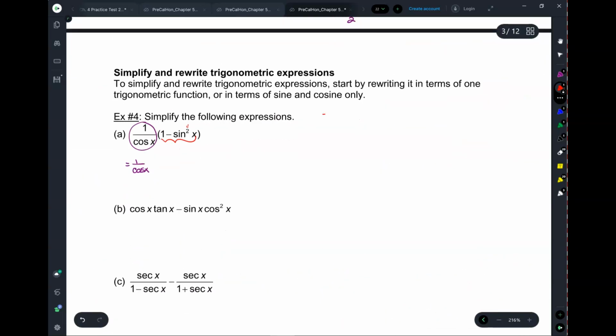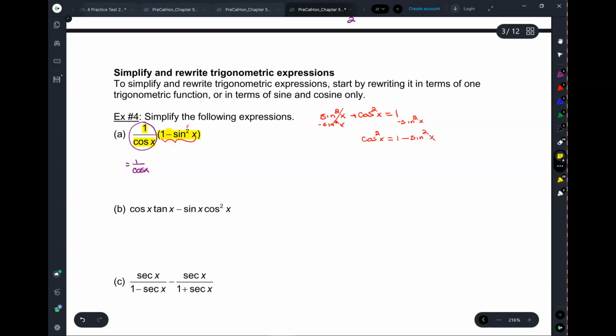So I write that one here: sine squared x plus cosine squared x is equal to 1. But I need to rearrange that so I have 1 minus sine squared x. In order to get 1 minus sine squared x, I can subtract sine squared x from both sides. So now this turns into cosine squared x is equal to 1 minus sine squared x.